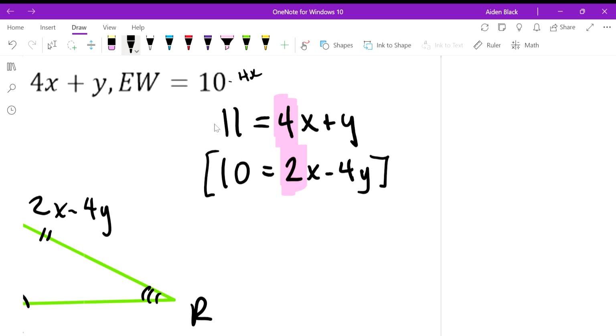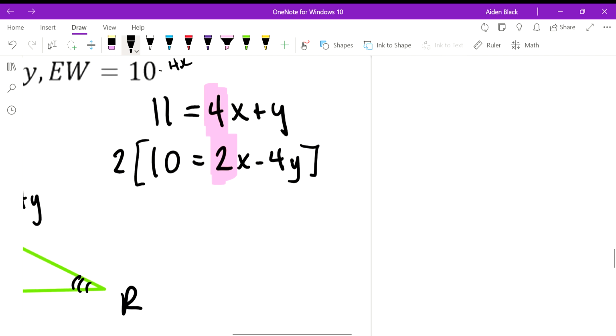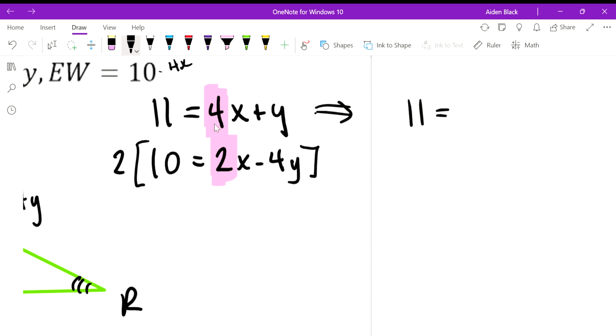So for example, I'm going to multiply this by 2, the whole equation. I'm going to rewrite the first equation here, and then below that I'm going to write this equation but multiplied by 2.